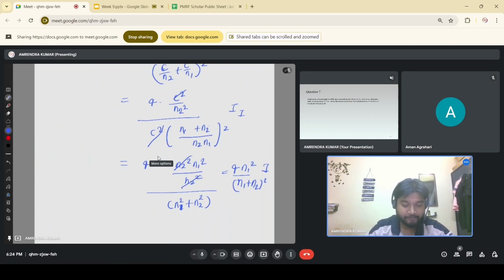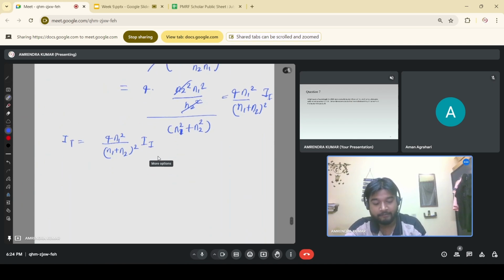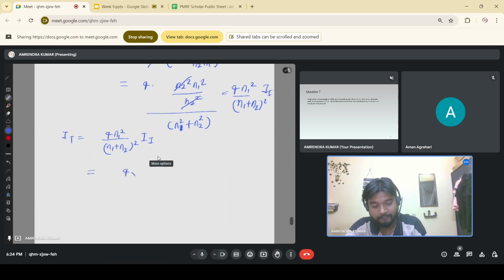So it will cancel out. It means that we have 4n1 square equals n2 square. Now we can put 4 1.4, 8.